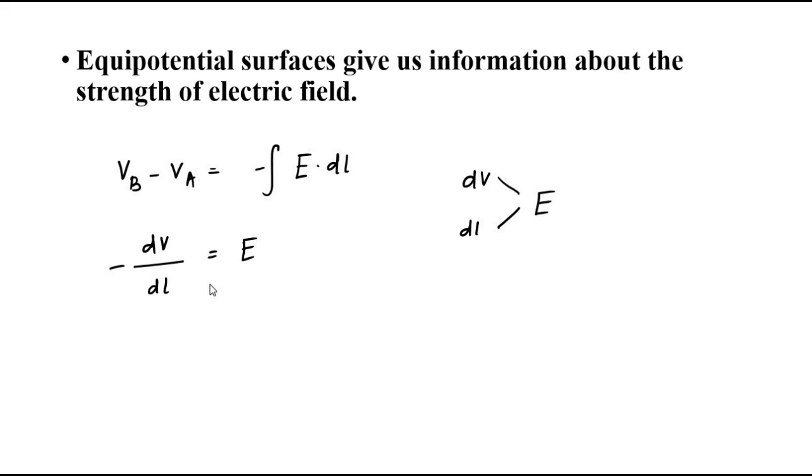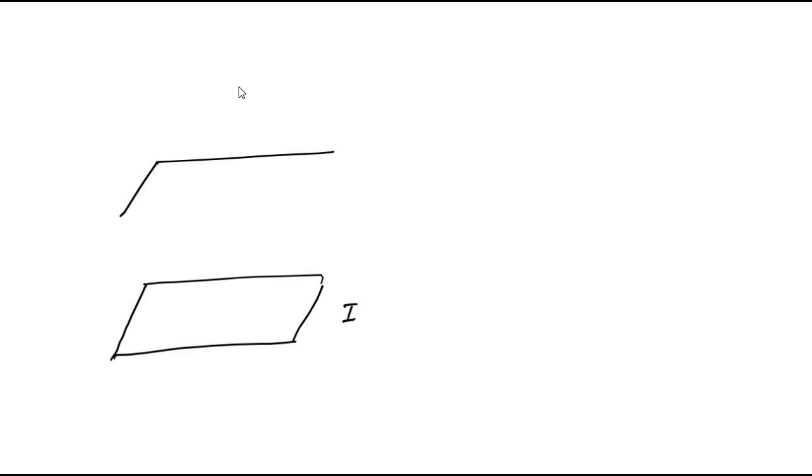So suppose there are equipotential surfaces. Let me do it separately. Let us say we have equipotential surfaces like this. This is equipotential surface 1, and then we have another equipotential surface, let's say we call it 2. Equipotential surface 1 has potential V1 and equipotential surface 2 has potential V2.